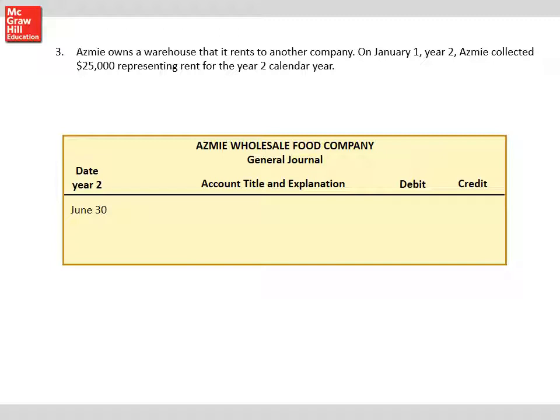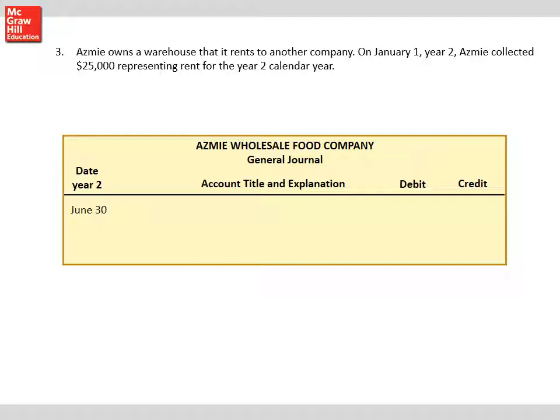In 3, ASME owns a warehouse that it rents to another company. On January 1 of year 2, ASME collected $25,000 representing rent for the year 2 calendar year. So it's all of January 1 through the end of that year, and then the next year. So that's 24 months of rent, or around $1,041.67 a month.